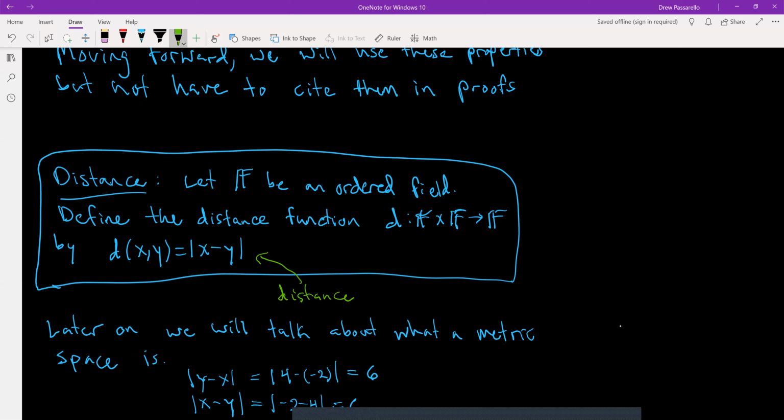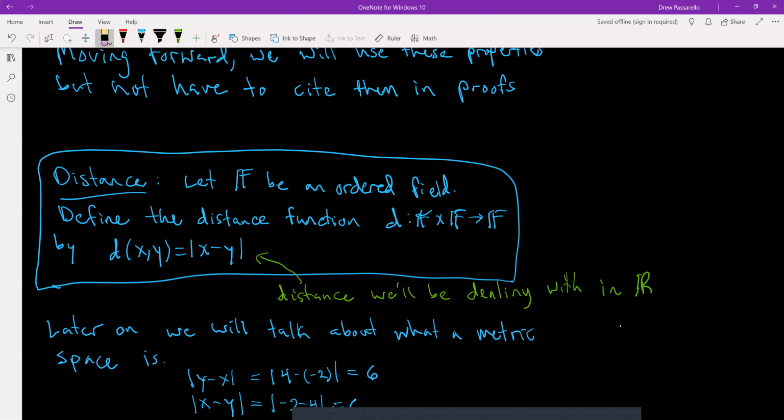So in just one dimension. In real analysis, we're just focusing on one dimension in this course as far as that goes.